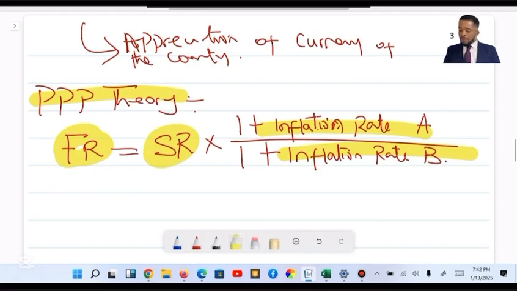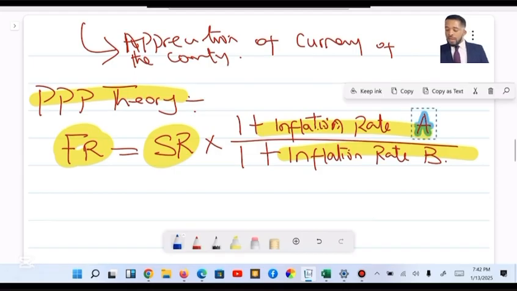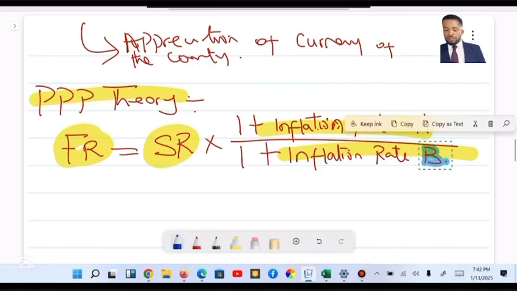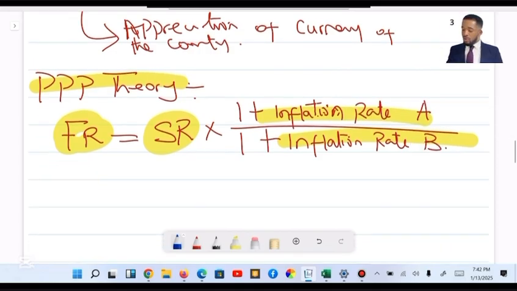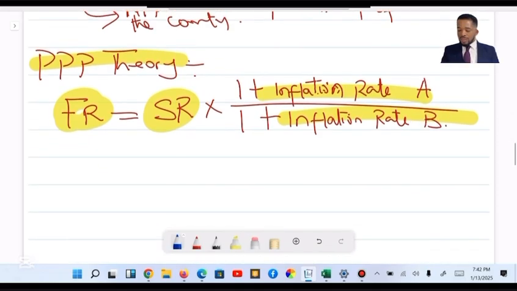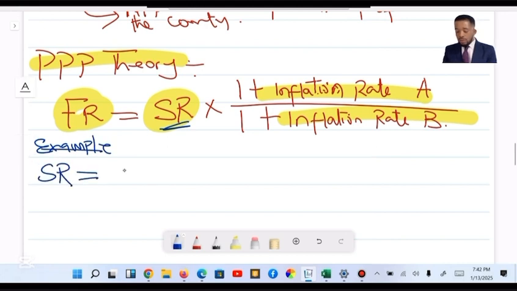Now the problem for students writing exams is, how do you determine which of these is your country A and which is your country B? And there's no thinking required. All you need to do is to understand what your spot rate is. Let's say, for example, my spot rate is currently dollar to pounds, let's say it's 1.25.